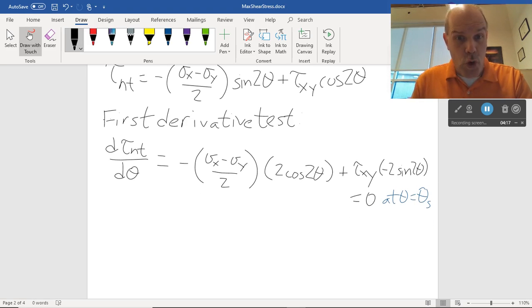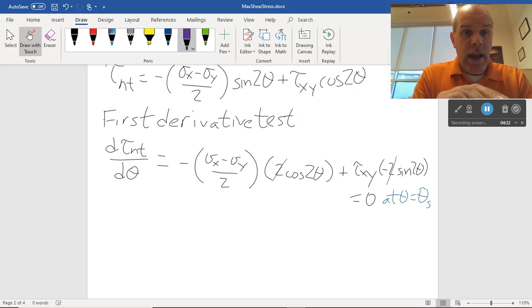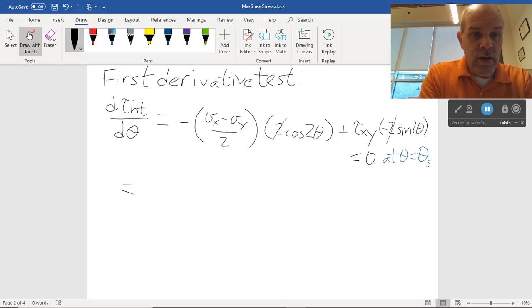Okay, so what we can do then is, first thing I do is I see those 2's, and yeah, I could knock the 2 out from the denominator of this sigma x minus sigma y. This 2 and this 2 can both go, okay? And what I also have is I technically have a negative on both of these terms, right? So I can say this derivative is actually equal to sigma x minus sigma y over 2.